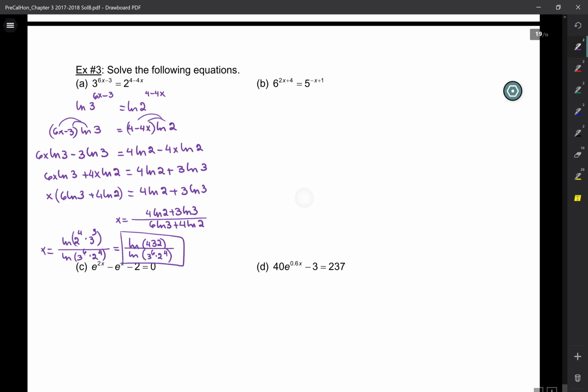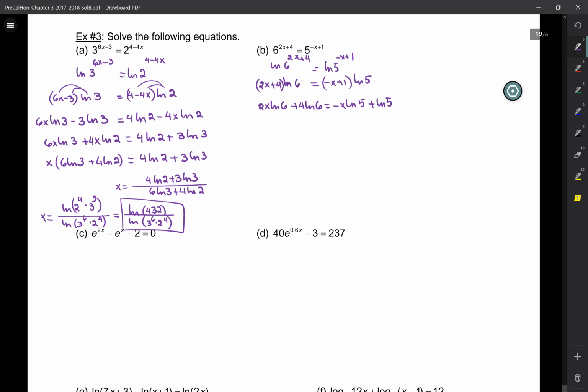All right, let's do one more. Let's take ln again because it's so much fun. So 2x plus 4 times ln of 6 equals negative x plus 1 ln of 5. 2x ln of 6 plus 4 ln of 6 equals negative x ln of 5 plus ln of 5.